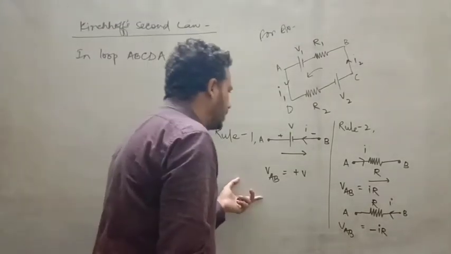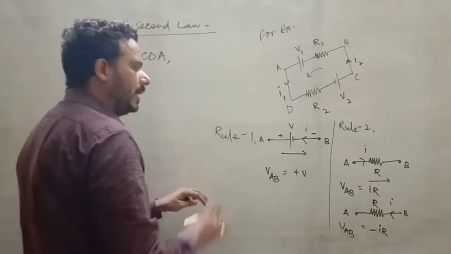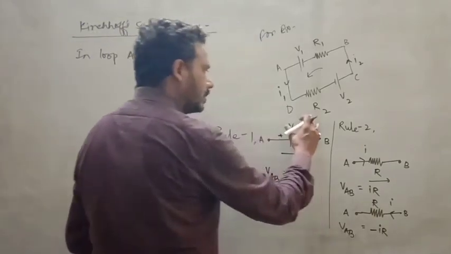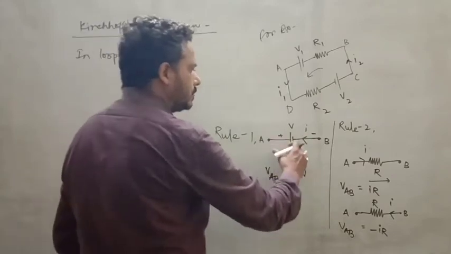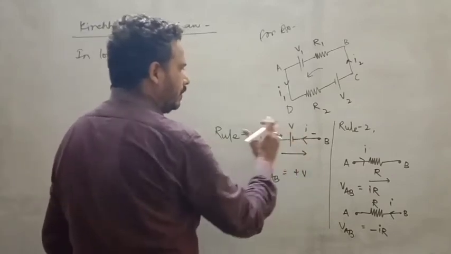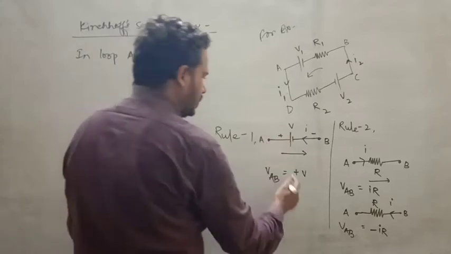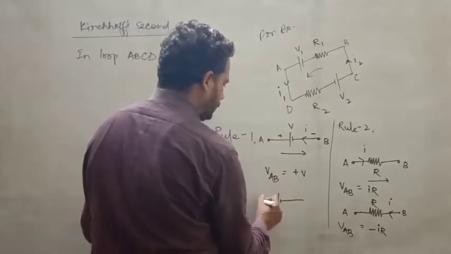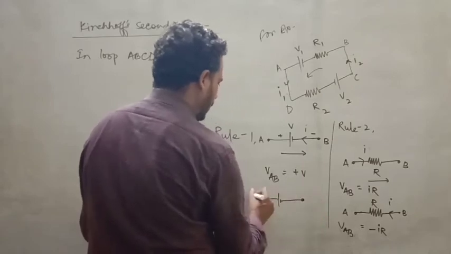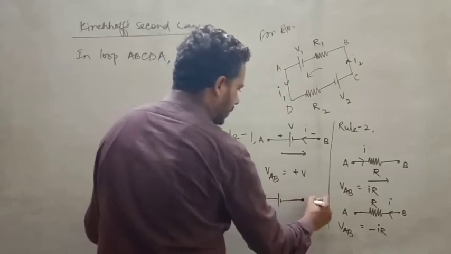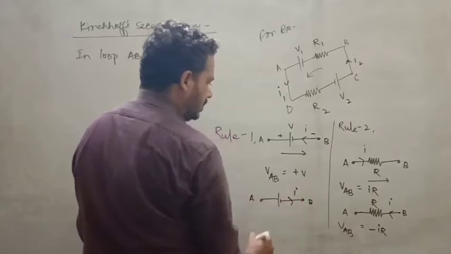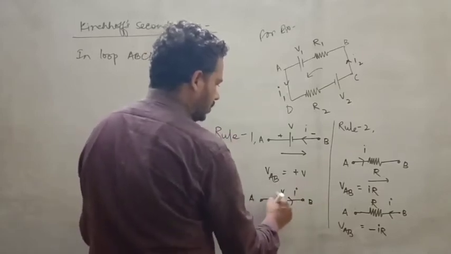Same in this rule, there is no effect of current in this potential drop of EMF. Suppose that your EMF is connected like that, A B, and in this EMF if current is flowing in this direction, there is no effect on your result.